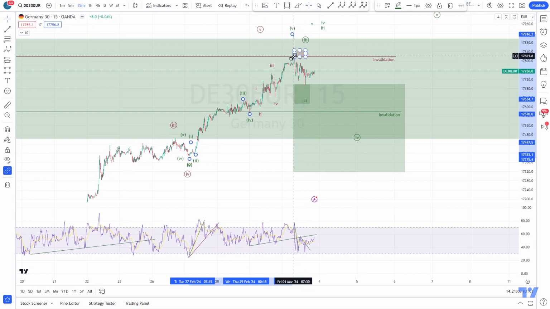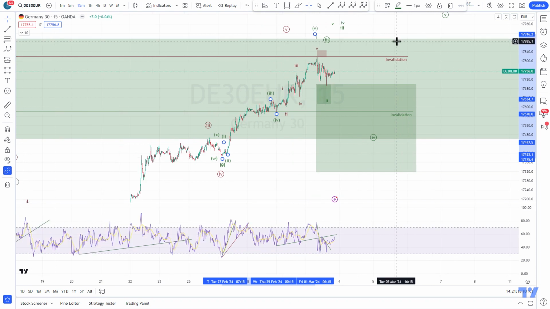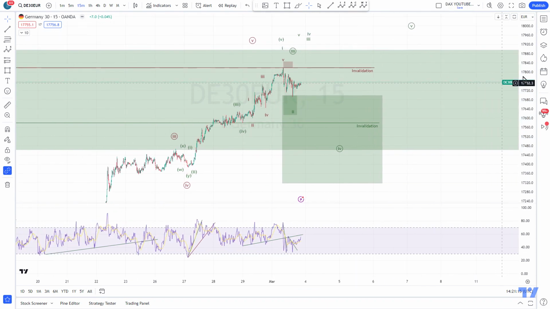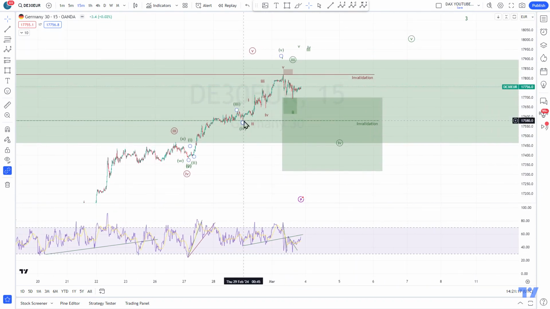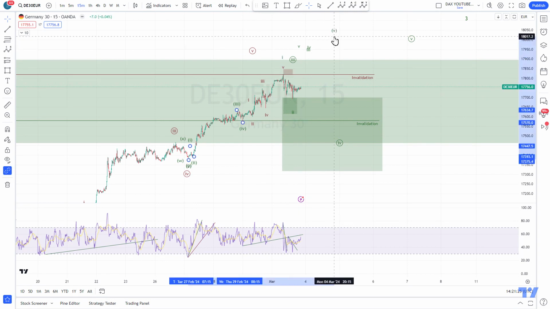So this is a potential high right here. At the same time, as always, I am quite convinced that this here is an impulse up, a finished impulse up, but that does not mean that it has to be the end of the wave 5. So what could happen here is that this here is only the wave 1 of the wave 5.